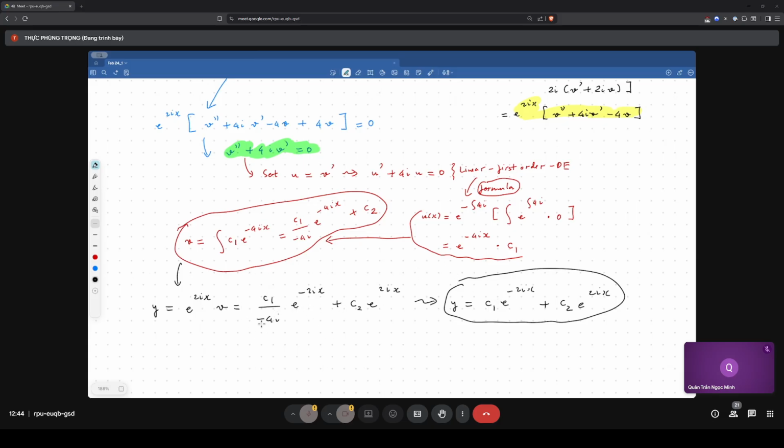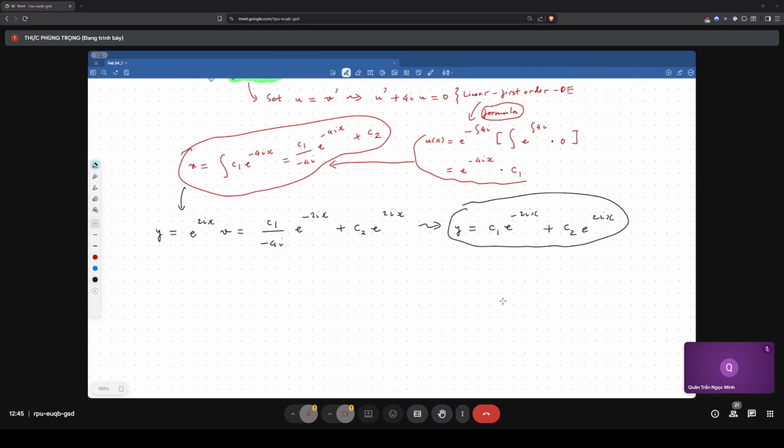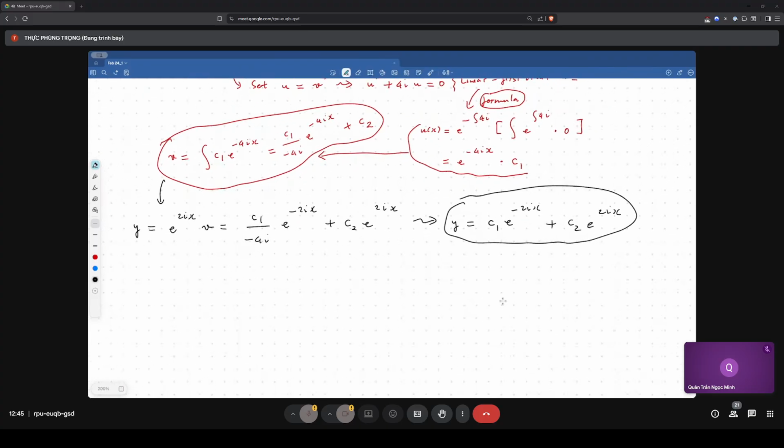I say that because right here c1 can be any constant. Therefore, c1 over some constant is still any constant. So why don't we just have c1 right here instead of c1 over 4i, since c1 can be any constant. So this is the final answer we have.